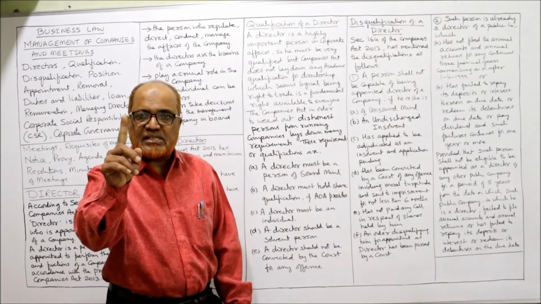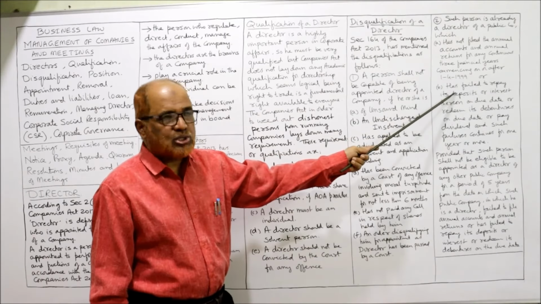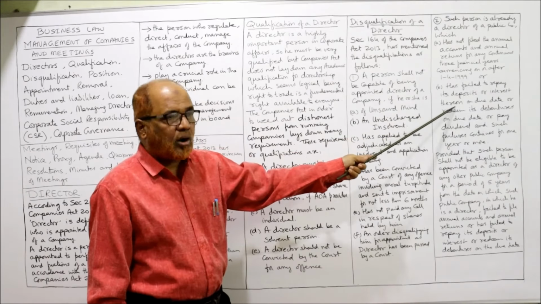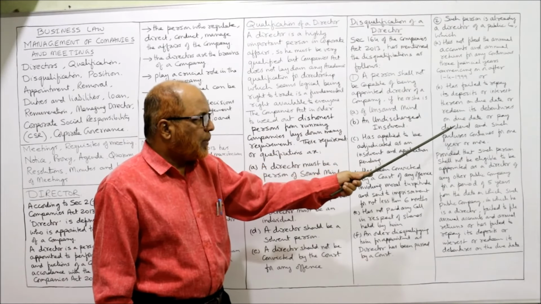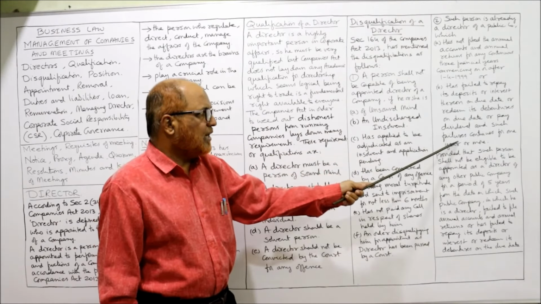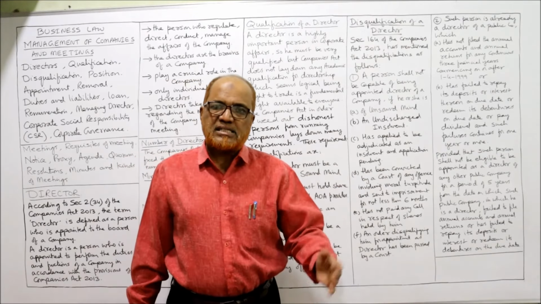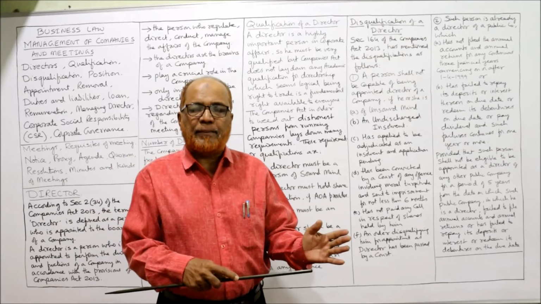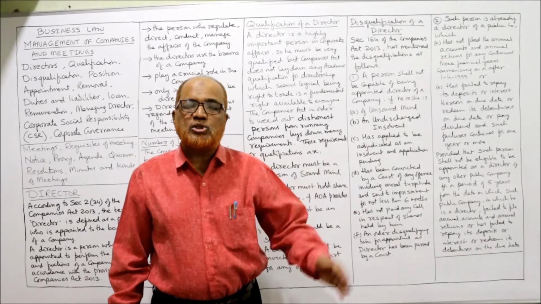1/4/1999. First case. Or has failed to pay its deposits or interest thereon on due date, or redeem its debentures on due date, or pay dividend, and such failure continues for 1 year or more. In the last company, in the other company, he has failed to repay the deposits.